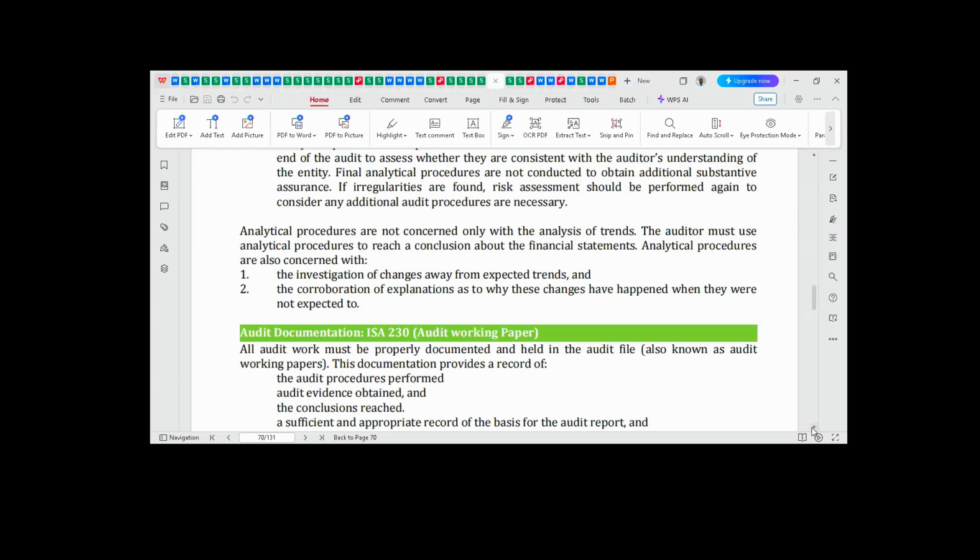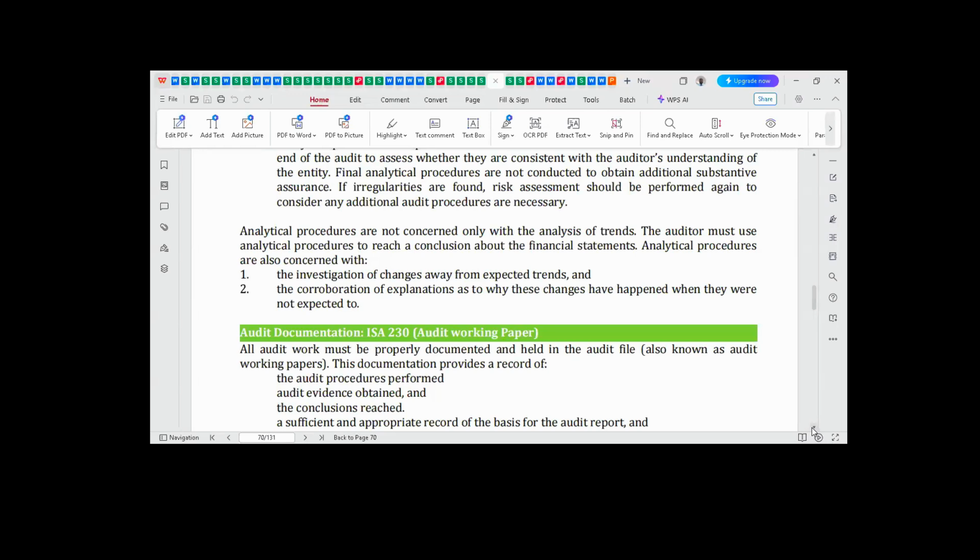Now, at the time the name audit working paper was carved out, audit was mainly manual. They made use of paper, large volumes of paper, and they made use of a file to keep those documents.